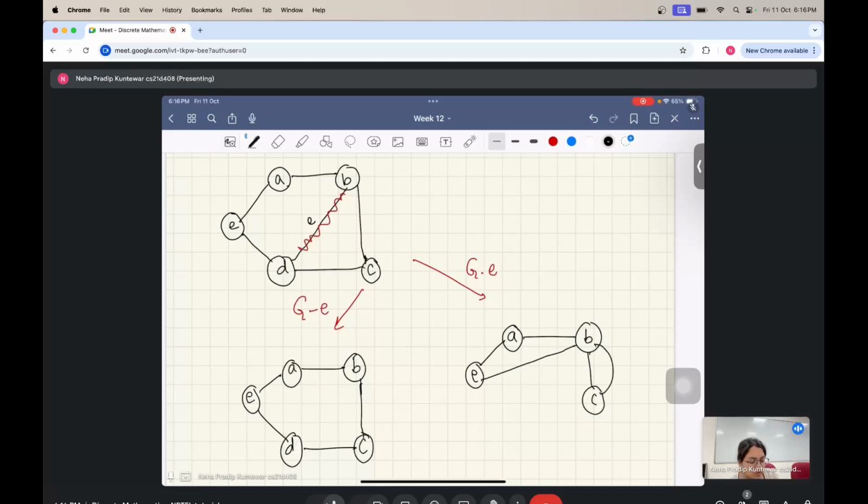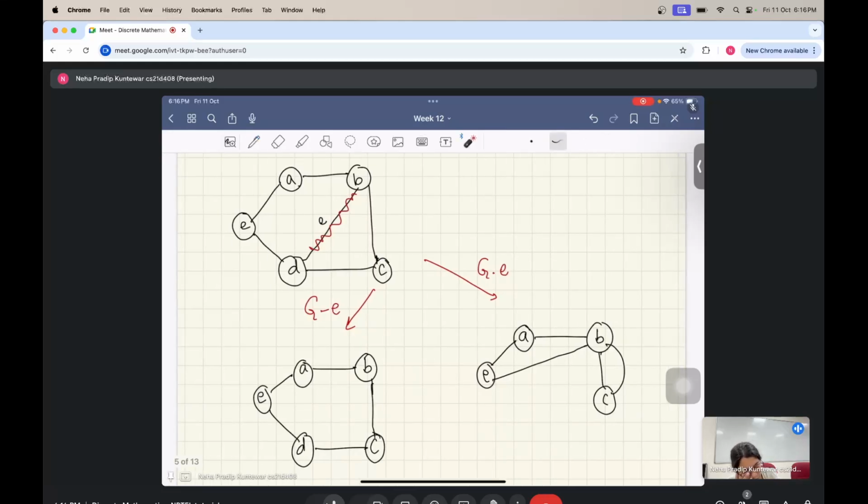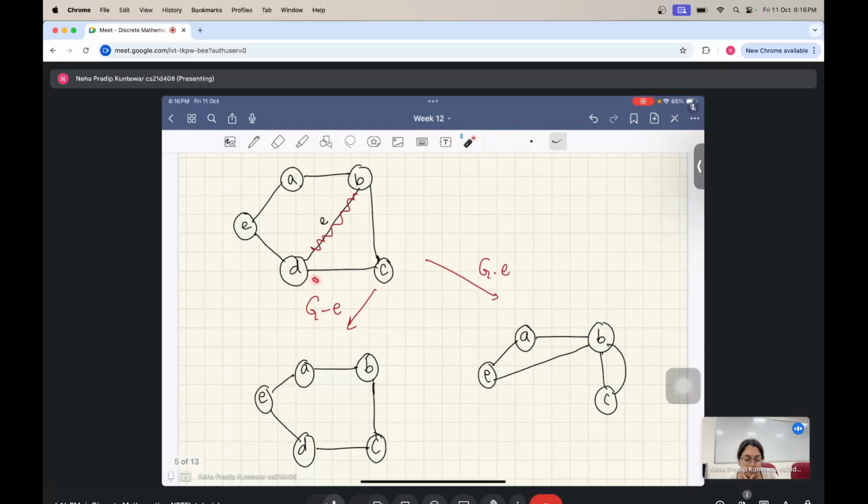So this is what it will look like. Basically what happened is, once you identified D with B, this edge that was incident from E to D will now be incident from E to B. And this other edge that was incident from C to D will now be incident back to B again, because B and D are essentially the same vertex now. So this is nothing but D.